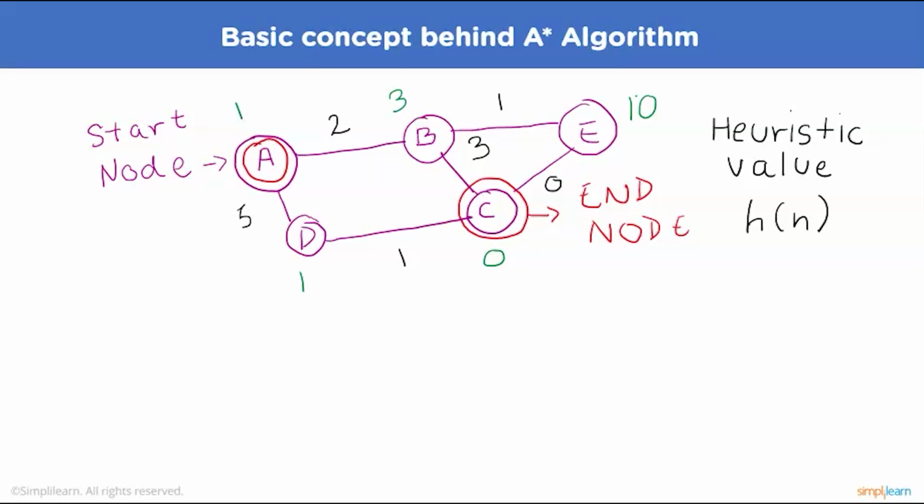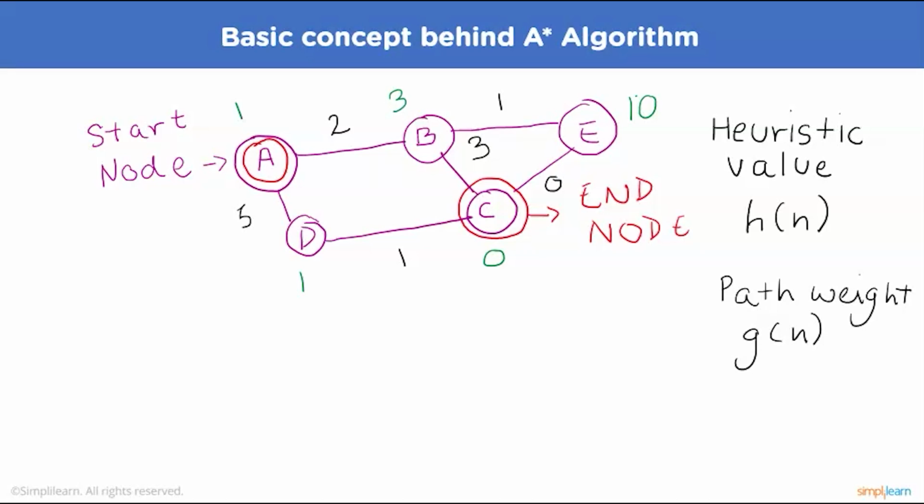How does having a heuristic value in our graph change how we are traversing? So after implementing the heuristic value to our graph, we now have two major values which come into play. The heuristic value, which is nothing but the value of the node, and the path weight. We can represent this as g of n, which is nothing but the weights in our weighted graph, right?